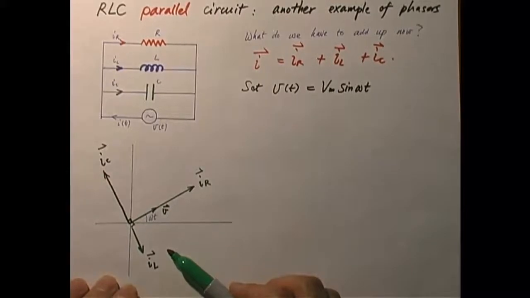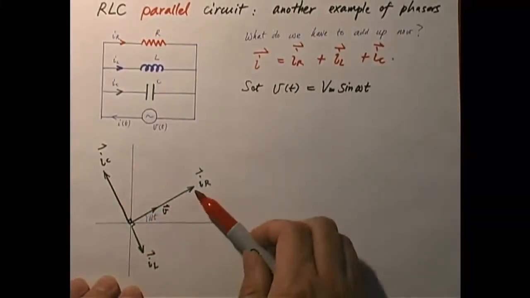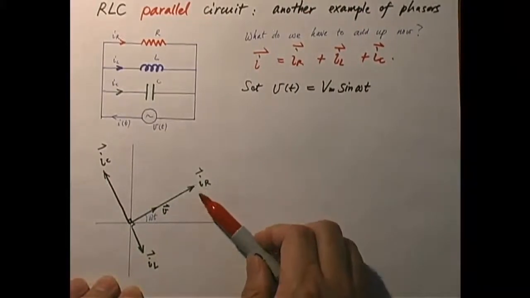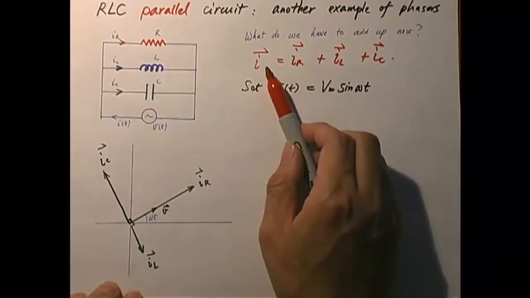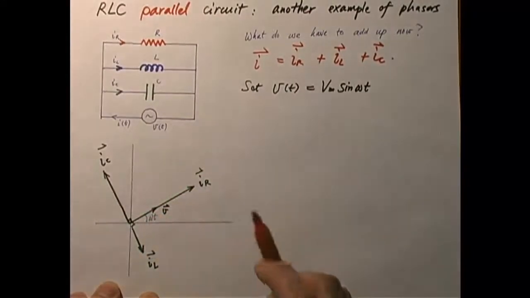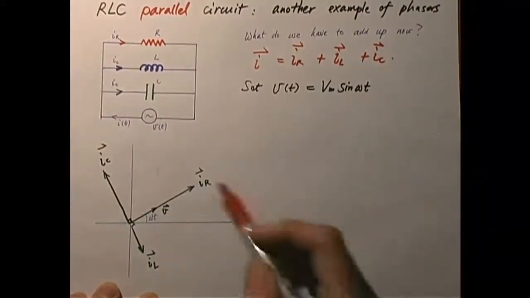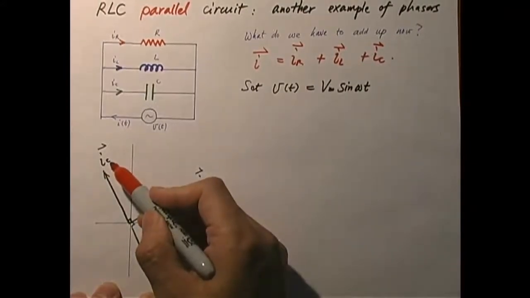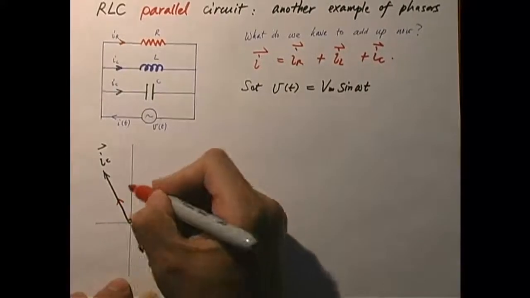And you have to sum over all these three current phasors, IR, IC, and IL, because then you get a total current, right? And again, which two vectors do we sum up first? Obviously, it's IC and IL, because we know they're always opposite to each other in phase. And which one wins? I don't know. Let's assume IC has greater magnitude than IL, and therefore, this would be IC minus IL.